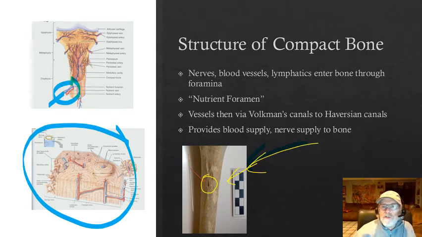So you can see there's not a lot of them. There's a few of them in a couple of strategic areas in the bone. Once it gets inside, we go through the Volkmann's canal from one osteon to the other, and that connects into the Haversian canals, which connect one osteon to the other. And that nutrient artery supplies the blood supply to the bone.